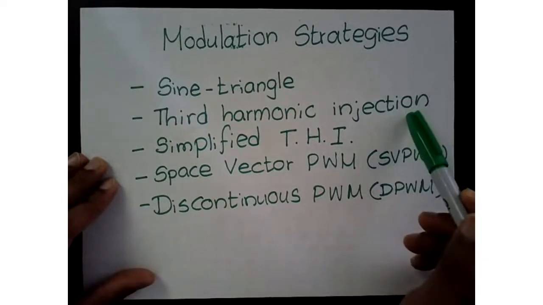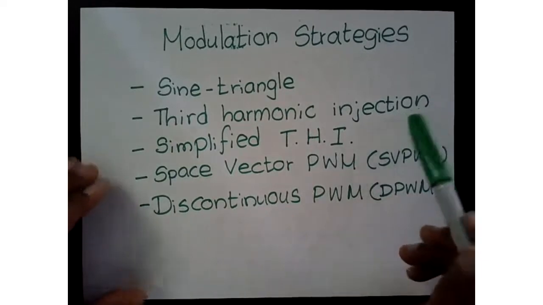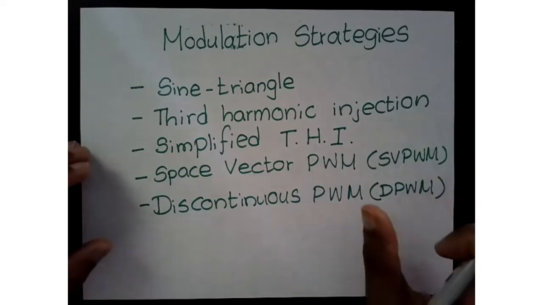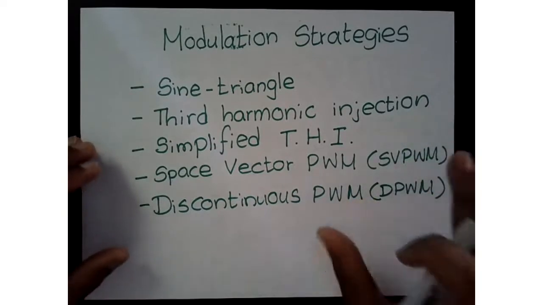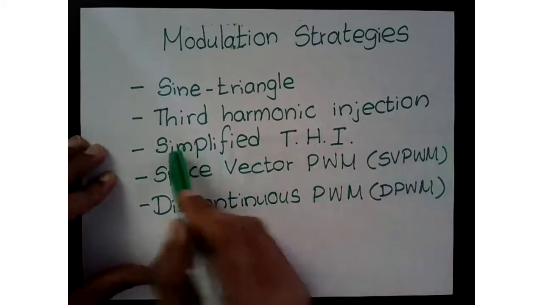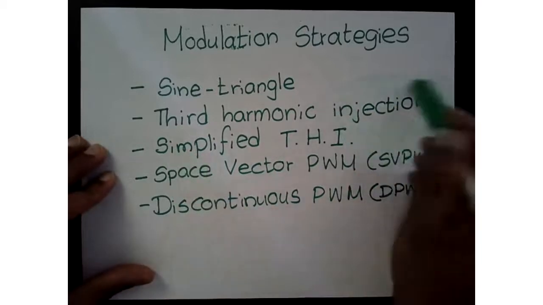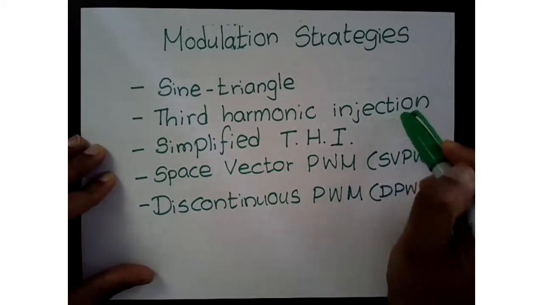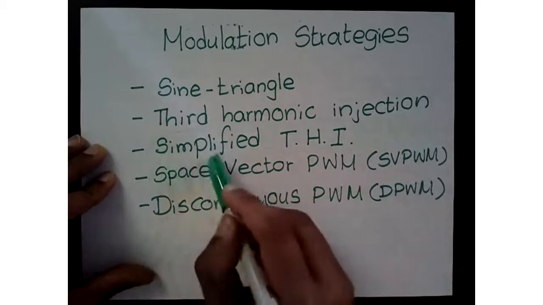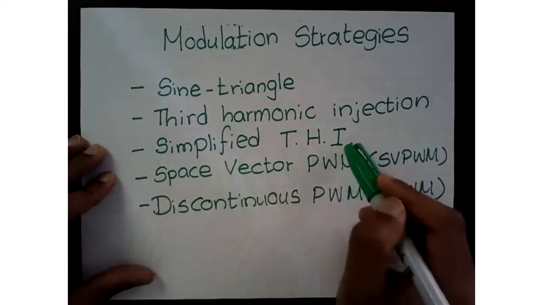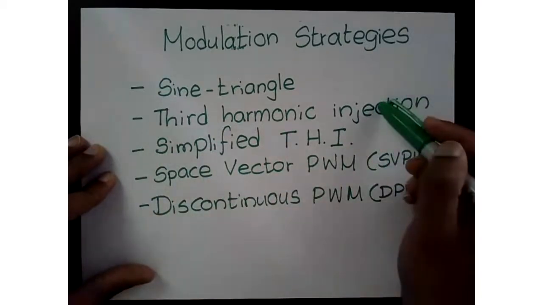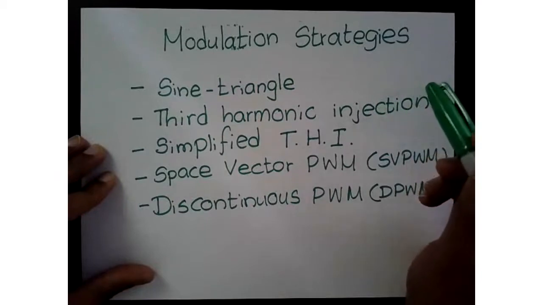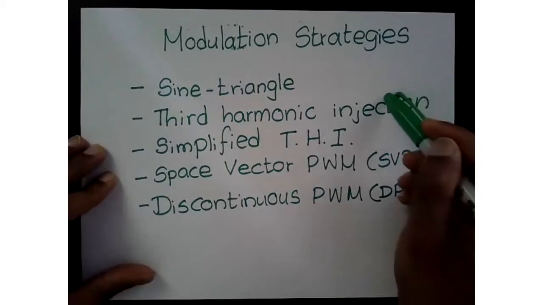It provides the ability to increase the amount of voltage that we apply to the motor as a phase voltage. The third harmonic injection involves injecting a sinusoidal third harmonic, and then the simplified third harmonic is a little bit simpler to implement. It's injecting a triangular wave instead of a sinusoid.